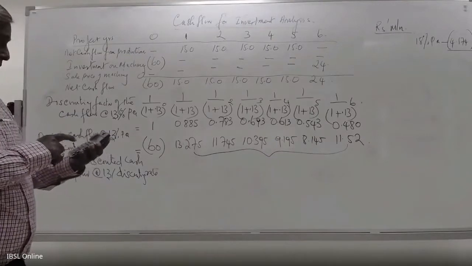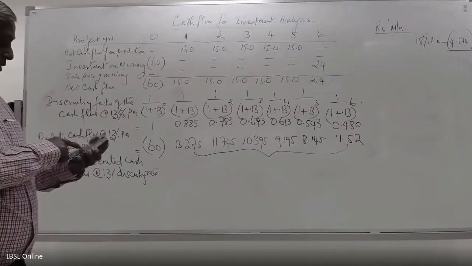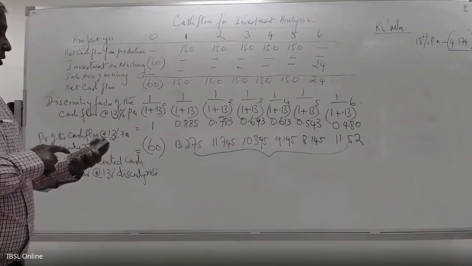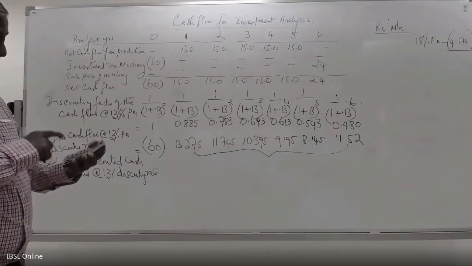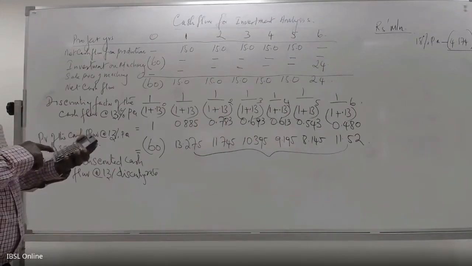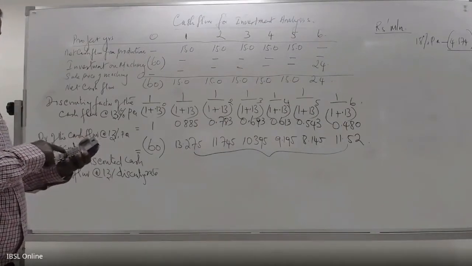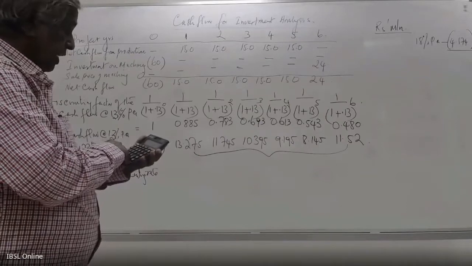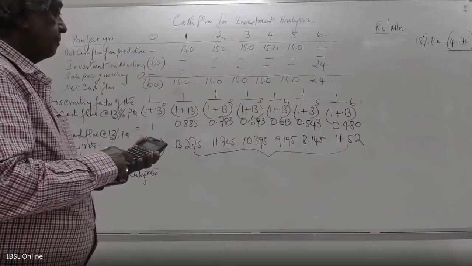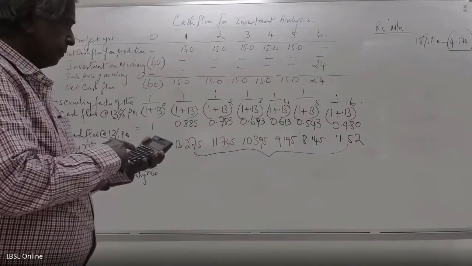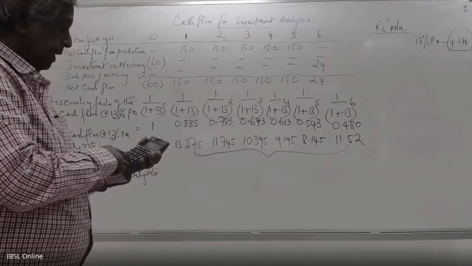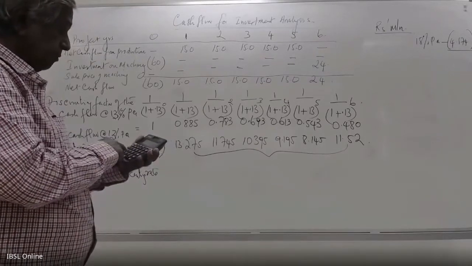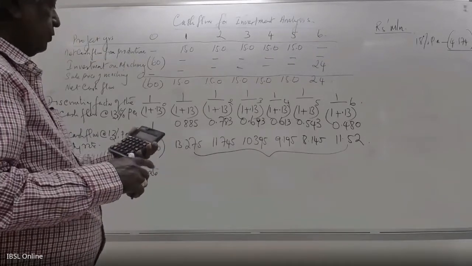Total income: 13.275 plus 11.745 plus 10.395 plus 9.195 plus 8.145 plus 11.52, equals 64.275.